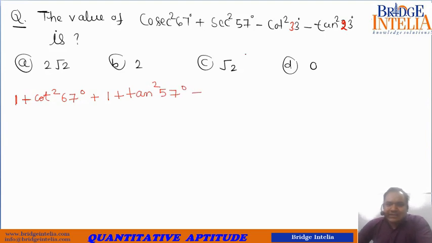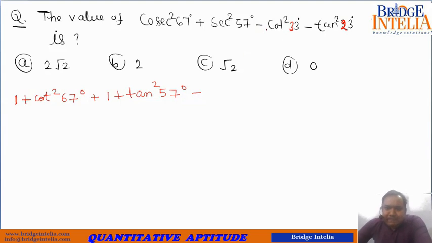Now minus cot square 33. So this 33 and 67 are complementary. So how to make best use of this? So let us see how we can make best use of this. So 67 and 23 are complementary, and 57 and 33 are complementary.